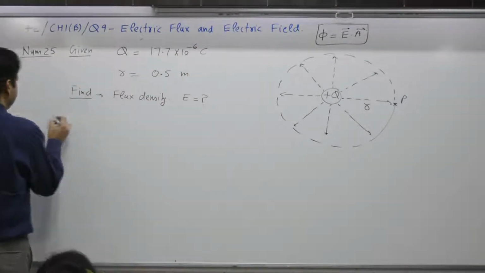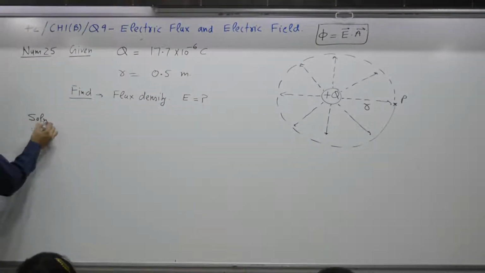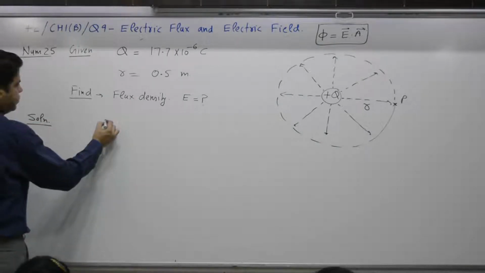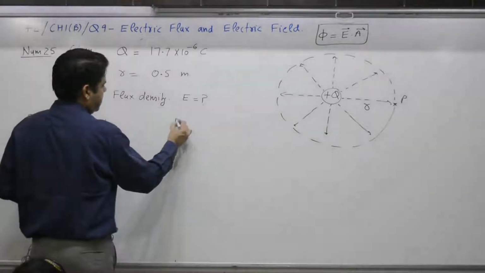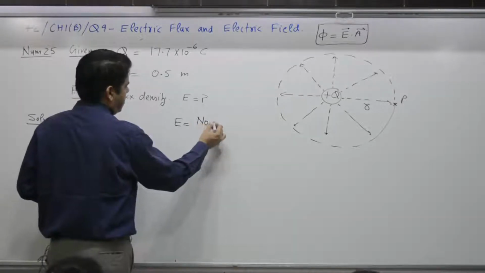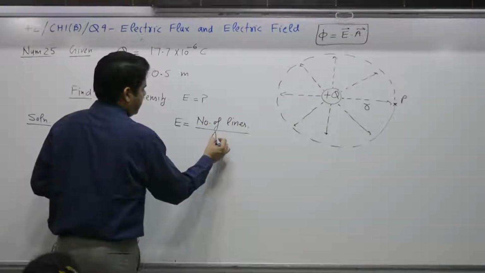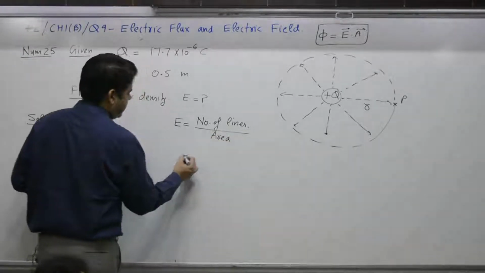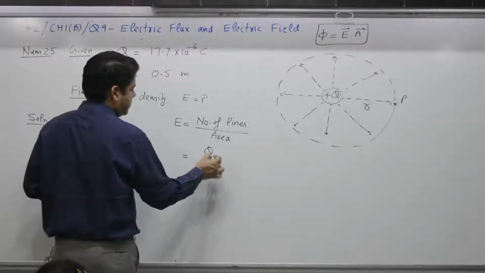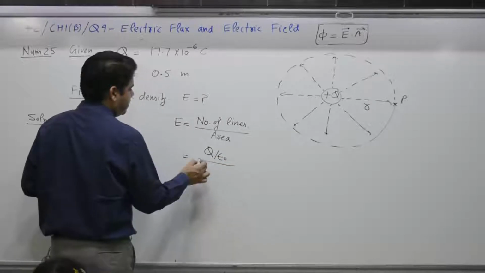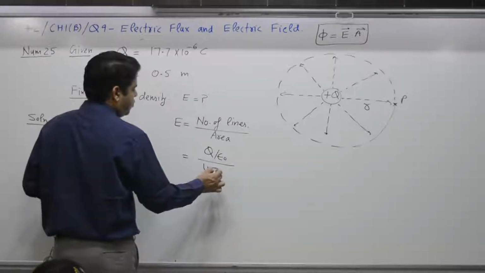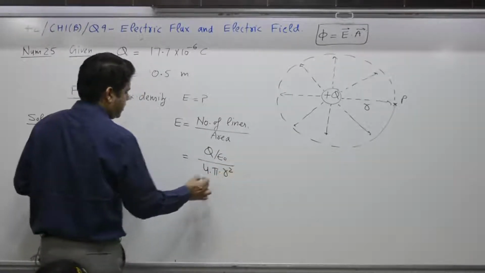E is equal to, how do you define E? Number of lines per unit area. How many lines? Q by epsilon naught. Area 4 pi r square.